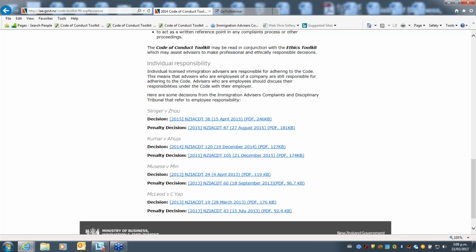Your employer needs to see the code and needs to understand that you individually have responsibilities to meet those obligations, and that you personally can be held to account. And that applies to giving refunds, it applies to managing client money, and all of those things that are set out in the code.